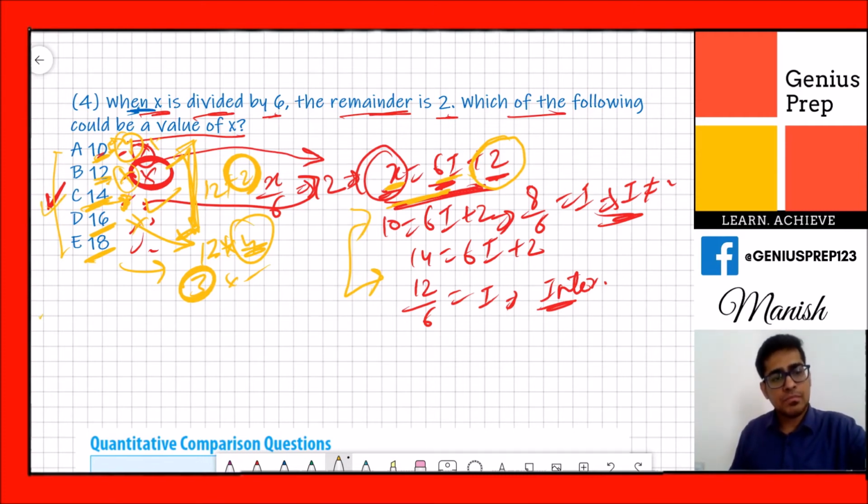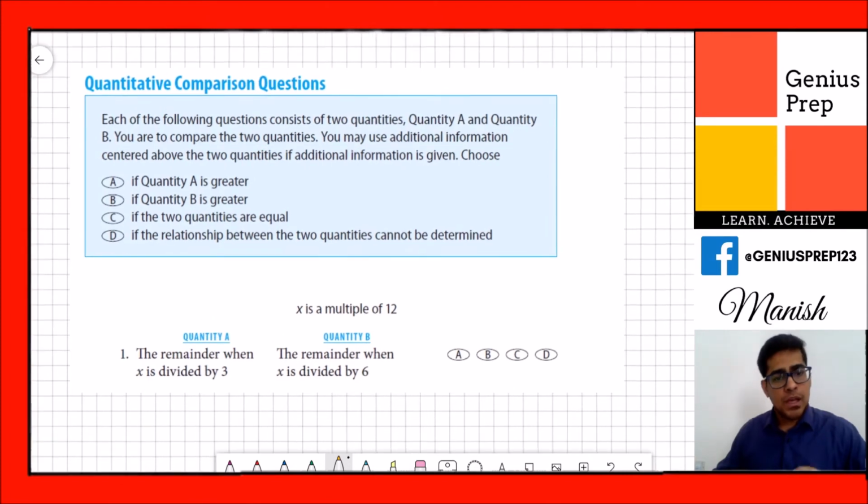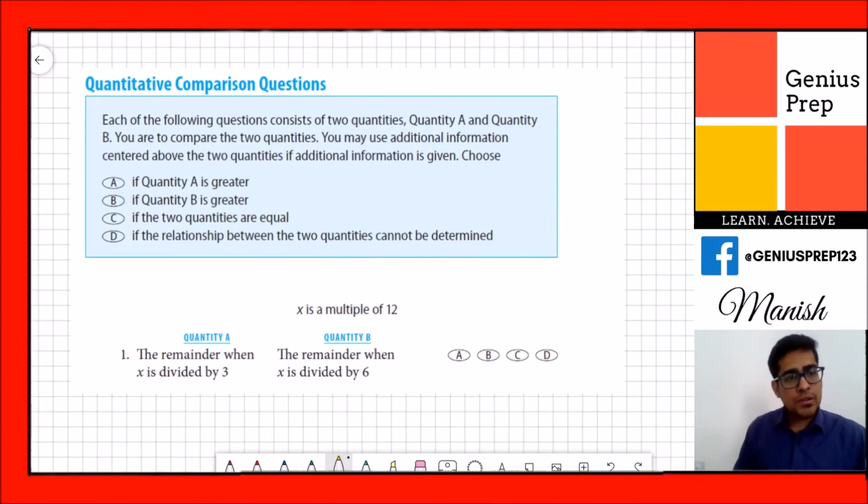Now another question. We are taking another example. If you are preparing for the GRE or any kind of exam, you will see these kinds of questions a lot.